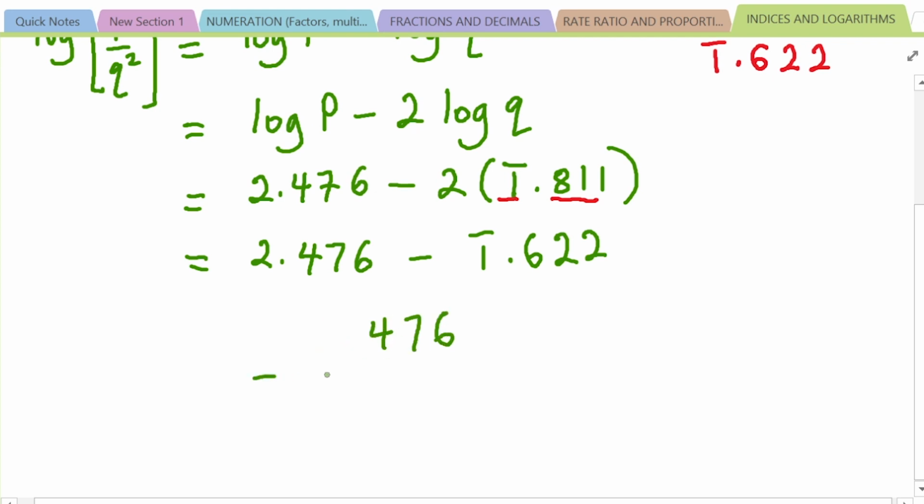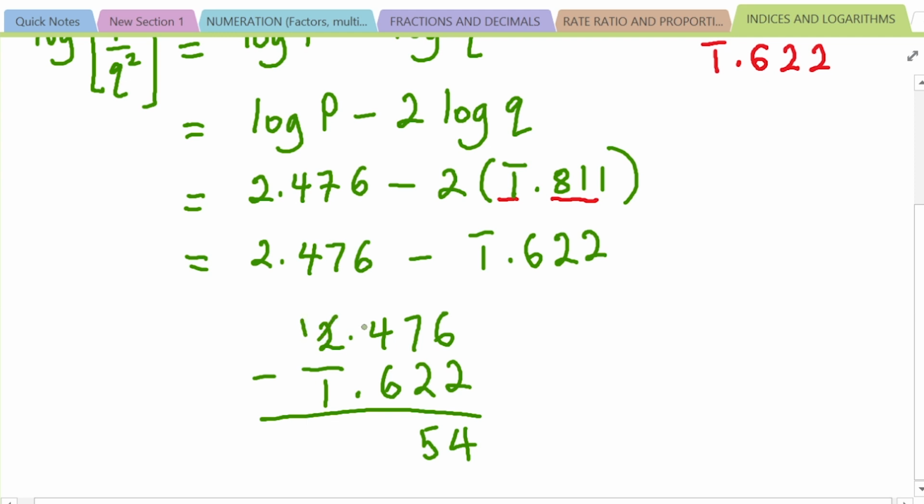So it becomes 2.476 minus bar 1.622. Subtracting, 6 minus 2 is 4, 7 minus 2 is 5. Now here we have 4 minus 6. 4 minus 6 is not possible, so we shall borrow 1 from here.